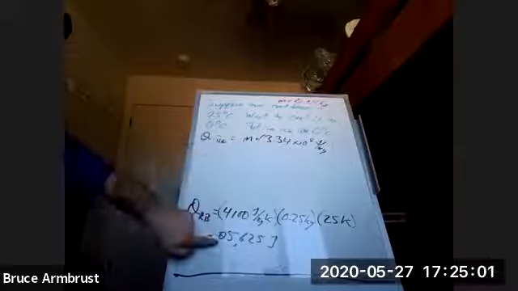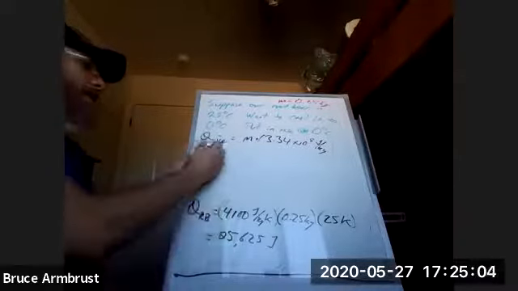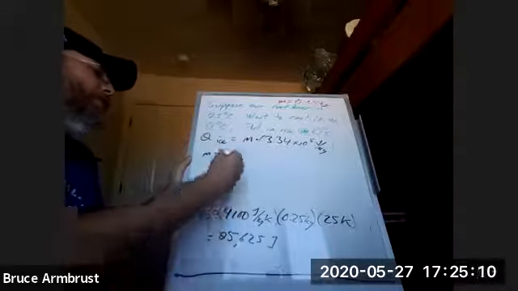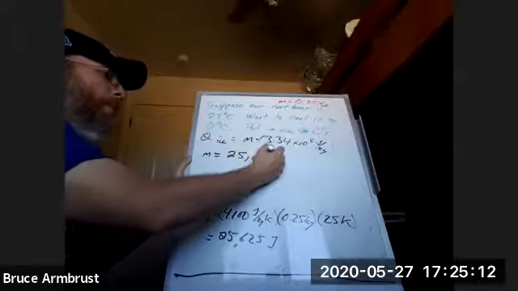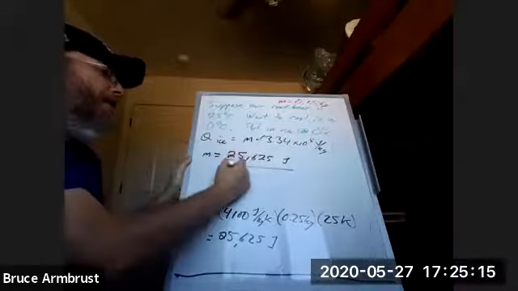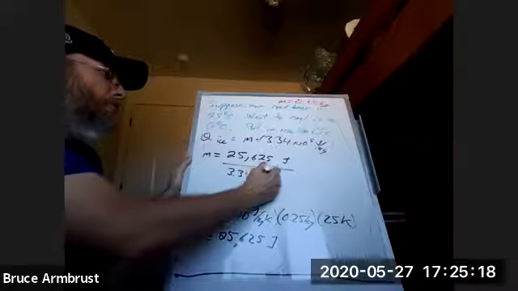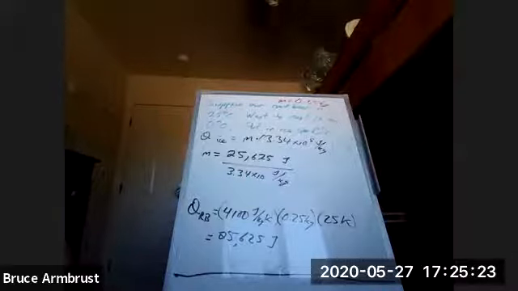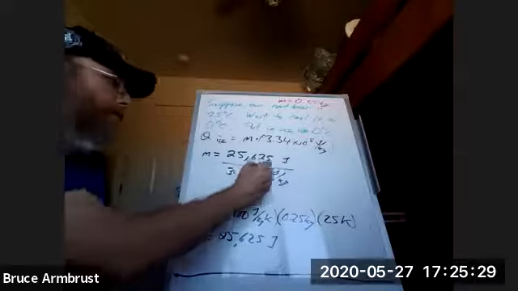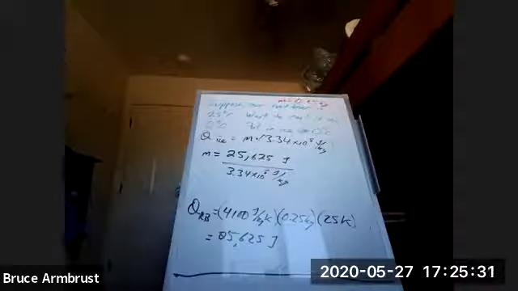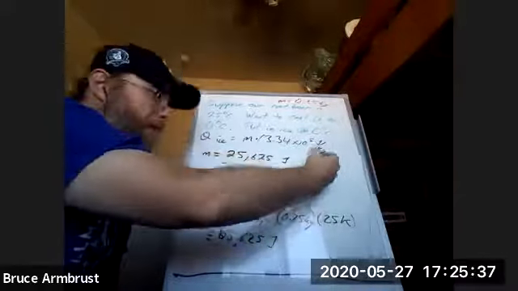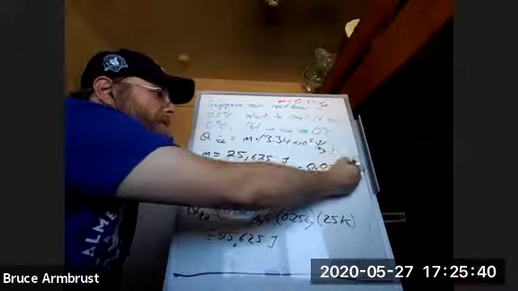All that energy is coming from the root beer. So that mass needs to be the energy released from the root beer divided by that latent heat. If we do that division, we find this is 0.07 kilograms.